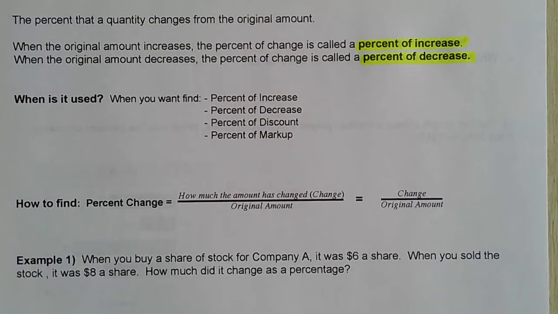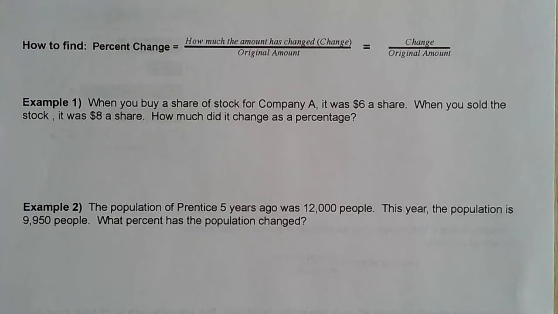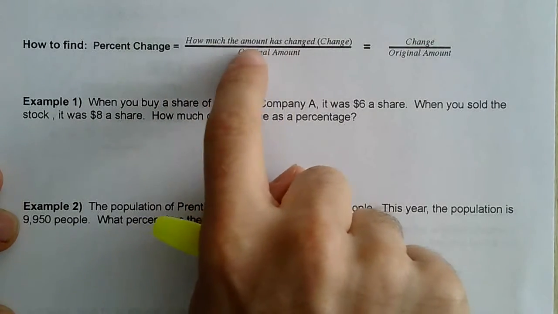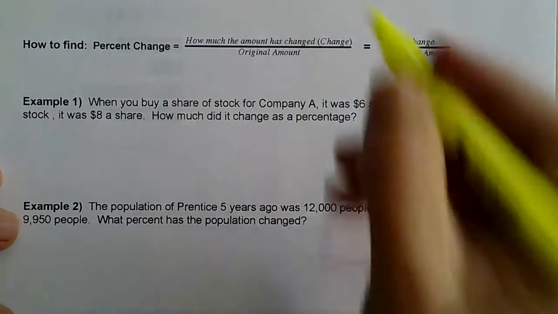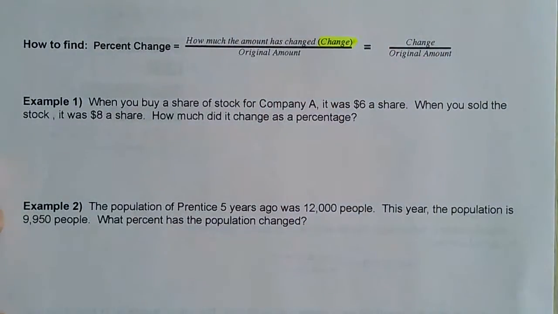So we're going to focus on how to find that percentage. To find the percent of change, we want to know how much the amount has changed by. We're going to refer to that just as the change. How much did it go up by, or how much did it go down by from the original to the new?